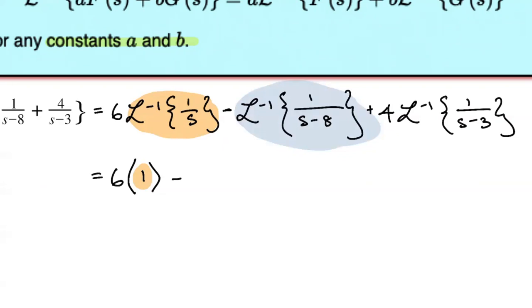And go ahead and type that into the chat. Yep, it's like number 2, exactly. And so what is our a value for this particular one in the blue? It's 8, right? So what I'm going to replace this thing in the blue with is e to the 8t. So instead of at, I have 8t.